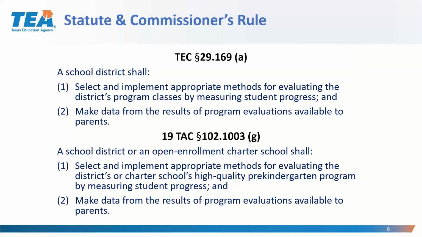It says a school district shall select and implement appropriate methods for evaluating the district's program classes by measuring student progress and make the data from the results of the program evaluations available to parents. And you will notice that commissioner's rule is almost identical.